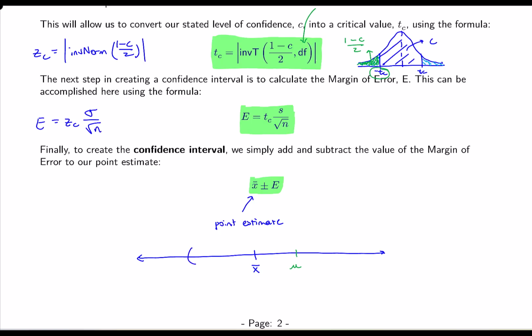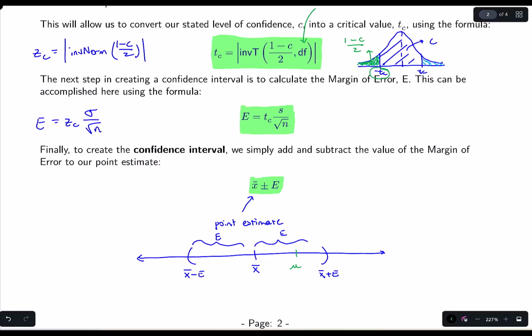So you give some margin of error, which gives you two different points, an upper bound and a lower bound of an interval. So all these points in between are included on this interval. And then it's much more likely that the population value actually exists on that interval than it does just that one single point estimate.